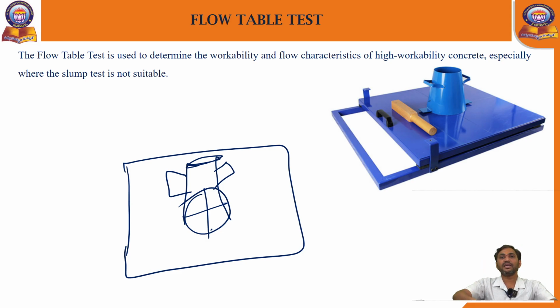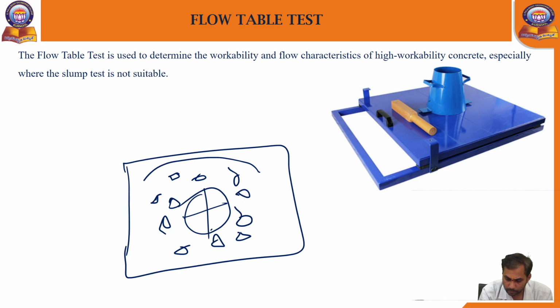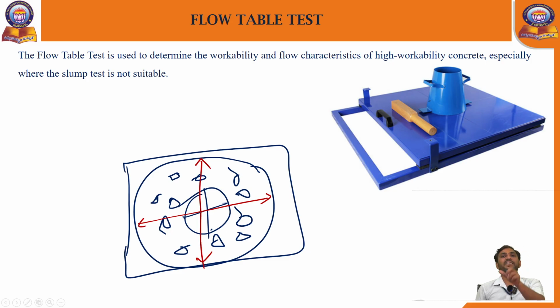After lifting the slump cone, the concrete will be spread like this. Then measure the distance on both sides. This is the diameter. Then do the calculation part.